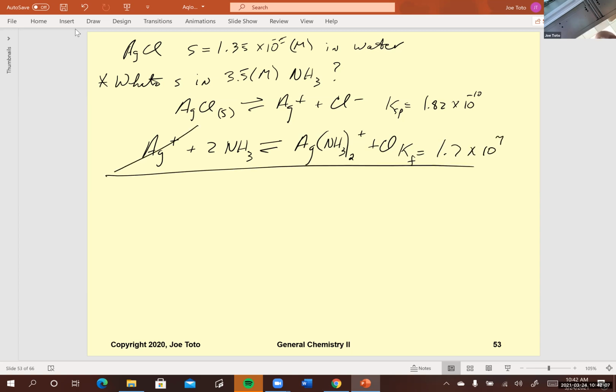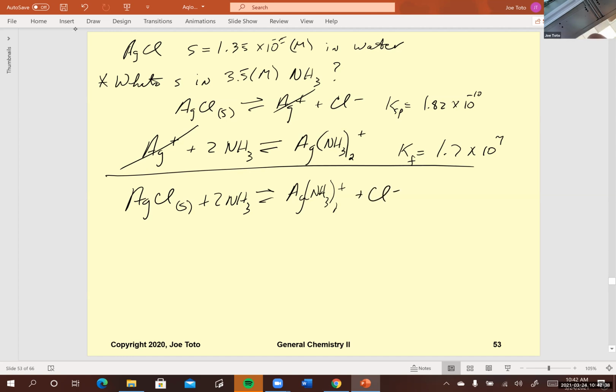So I can add these up, cross this out with this, and I get silver chloride solid plus 2 ammonias give me Ag(NH3)2 plus, there's no chloride there, plus Cl minus.